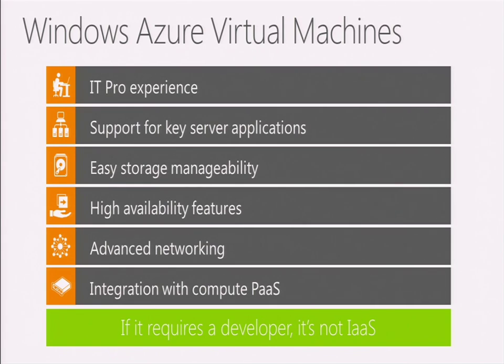And the beauty of it is you can integrate it with your PaaS environment. So if you've already set up your worker roles and your web roles and your VM roles for the solution that you've already deployed into Windows Azure based on PaaS, and you start looking at how you enhance it with IaaS, you can tie the two together. They're fully integratable because they are in the same environment.